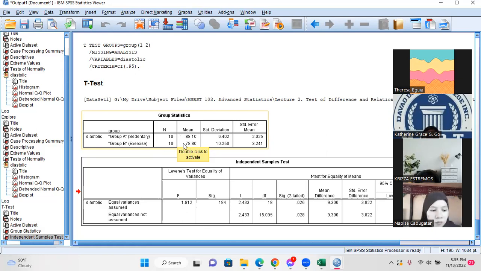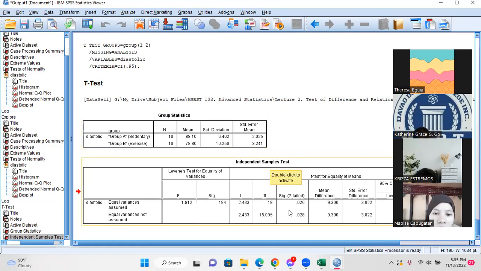Okay. At yung comparison na yan, may significant difference. So, kita nyo naman dito sa sig two-tailed niya na 0.026 na there is a significant difference with those who exercise with a mean value of 78.80 as compared to those who do not exercise with a mean value of 88.10.